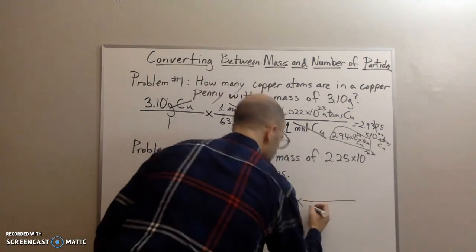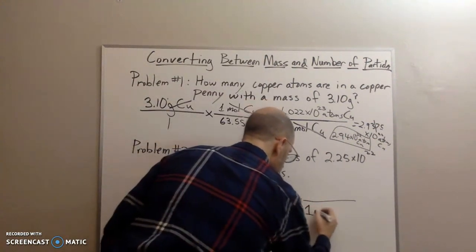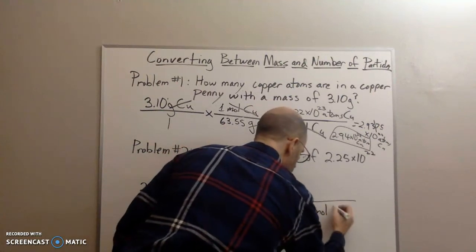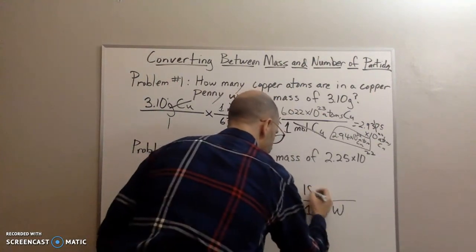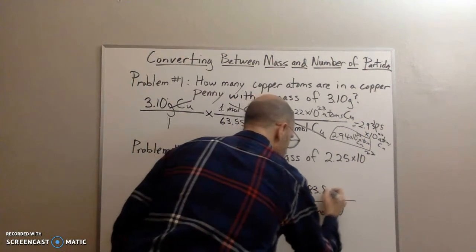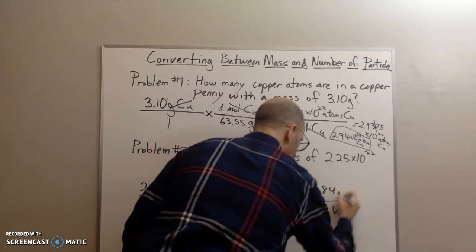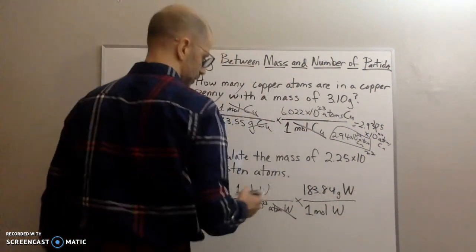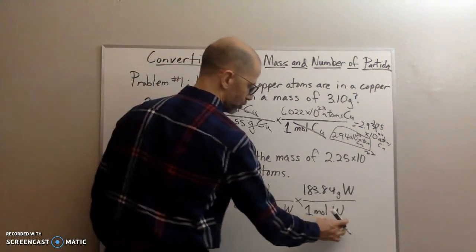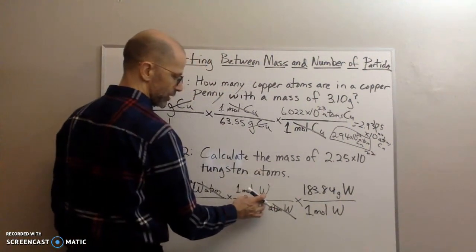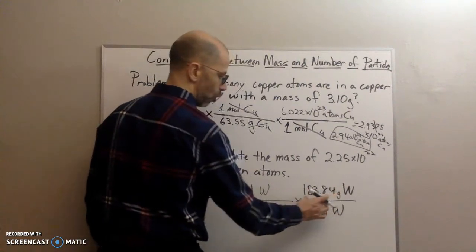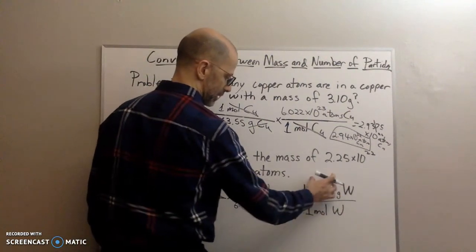So that means that for 1 mole of tungsten, I have 183.84 grams of tungsten. So notice I put moles of tungsten on the bottom to cancel out with it on top, and I put the molar mass, the grams, on top.